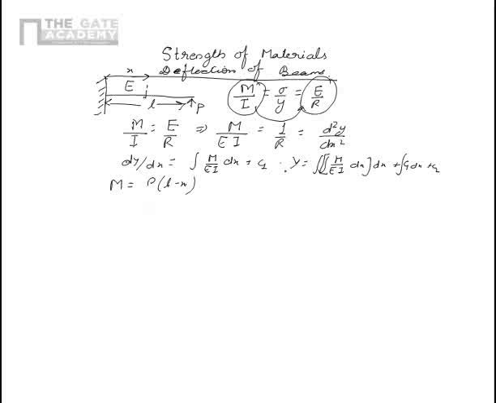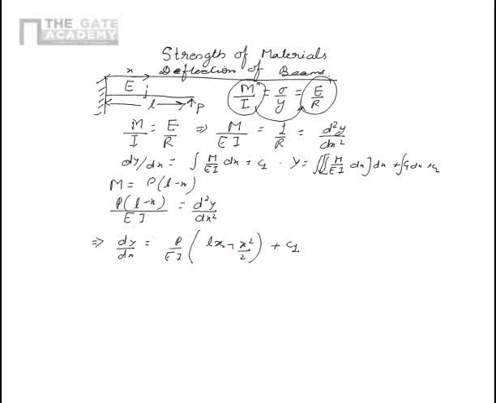So I substitute the value of M here, I get P (L minus x) upon EI is equal to d square y by dx square. Now this equation can be integrated, so I integrate it, so I get dy by dx is equal to P upon EI. This integration becomes Lx minus x square by 2 plus c1.